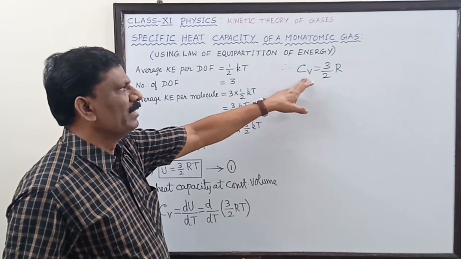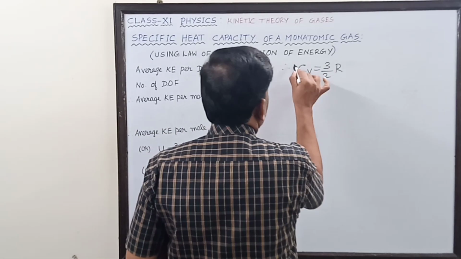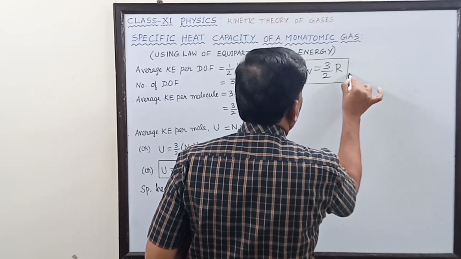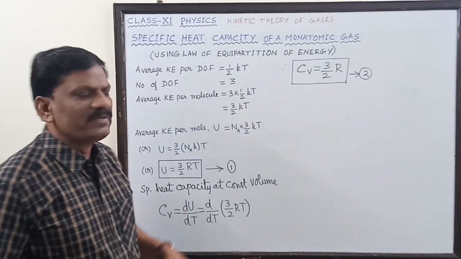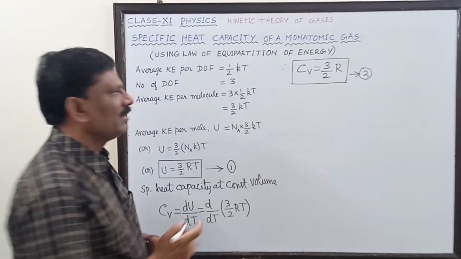So Cv remains 3 by 2 R. This is very important information for a monatomic gas: the specific heat capacity at constant volume Cv is equal to 3 by 2 times R.